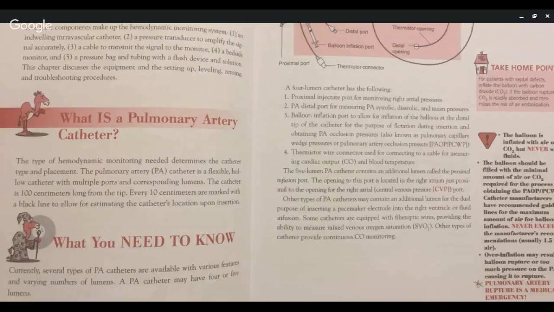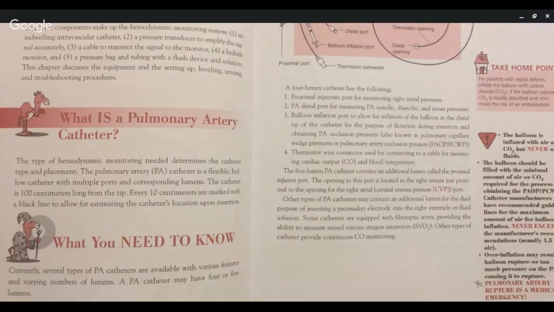The opening to this port is located in the right atrium, just proximal to the opening of the right atrial central venous pressure (CVP) port.